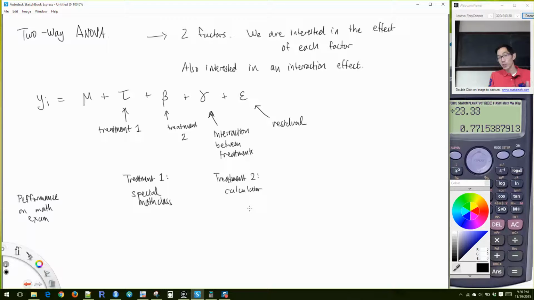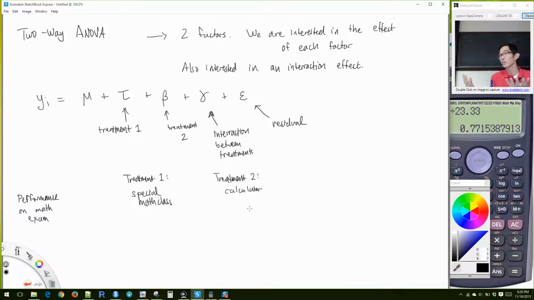So you might expect that if you combine the special math class and the calculator training, you would expect an improvement of 8 points total. But there could be some kind of magical synergy that happens when they are combined, so that instead of 8 points, maybe it produces an increase of 12 points.